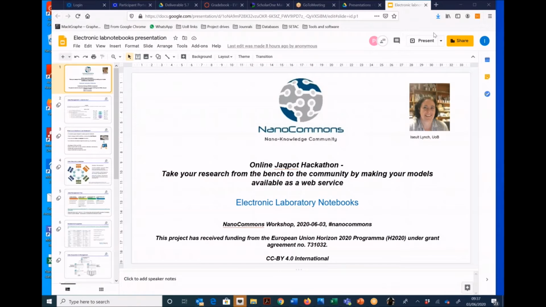So all of us who are involved in experimental work are very familiar with the process of keeping a lab notebook and how important it is to document our experimental work and to write down the details of our experiments and our observations.